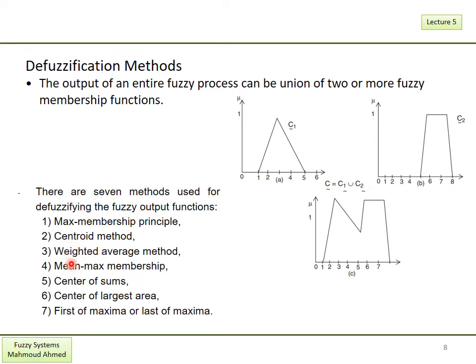The third one is the weighted average method. The fourth one is mean max membership. Fifth is the center of sums. Sixth is center of largest area. And seventh is first of maxima or last of maxima. Now we are going to introduce each method in detail.